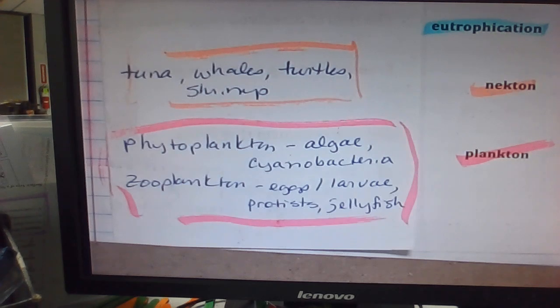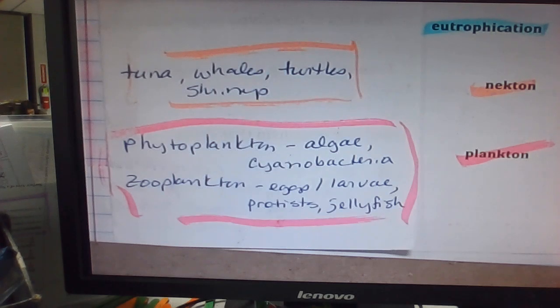Lots of protists, like amoeba, need the more shallow water, but they don't swim freely. So phytoplankton: algae, cyanobacteria.